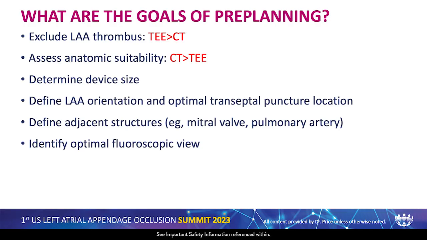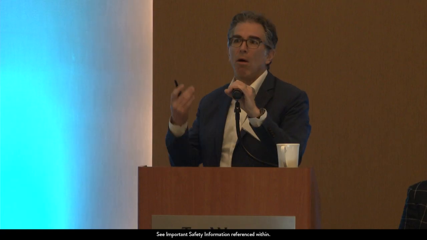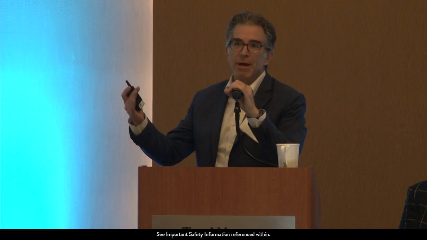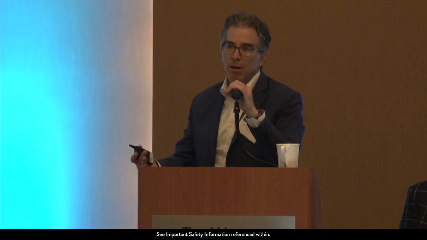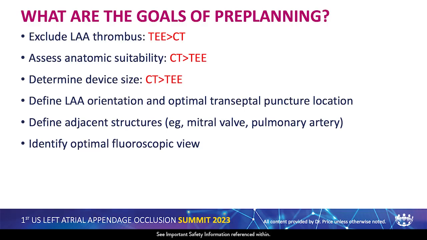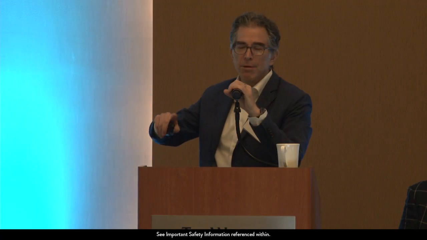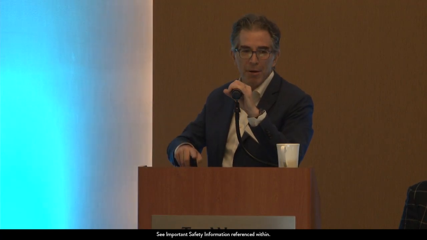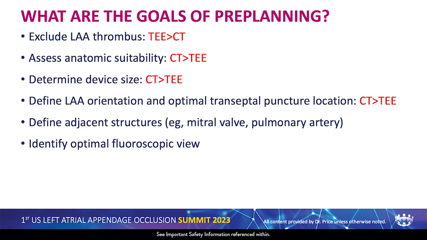Assessing anatomic suitability, I think CT wins hands down. You can slice all 360 degrees. You can do different parts where your landing zone might be. You can check your ostial size. So certainly it's better, and that in turn guides your device size. I give talks about how to define the orientation of transseptal puncture based on TEE, so it can be done.